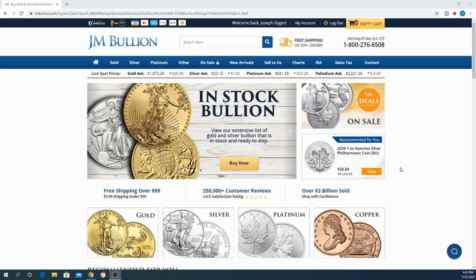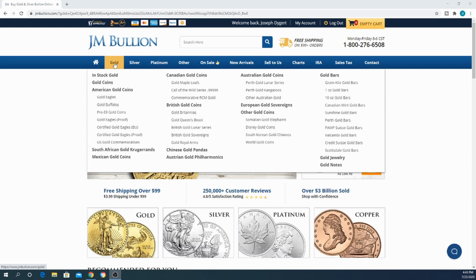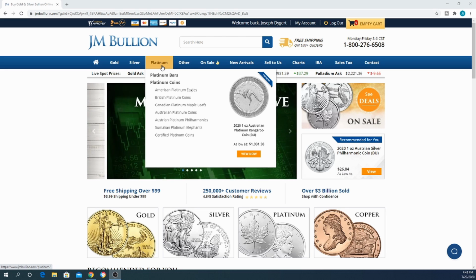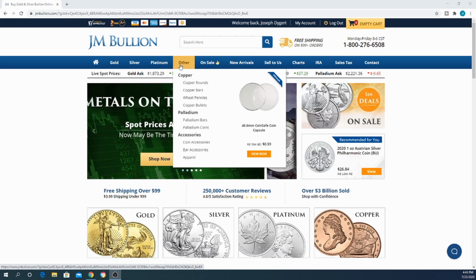Alright, so when we open up JM Bullion, this is what the home page looks like. We can come here to silver to look at silver products, gold to look at gold products, platinum to look at platinum products, and they have others such as copper and palladium, as well as some accessories.